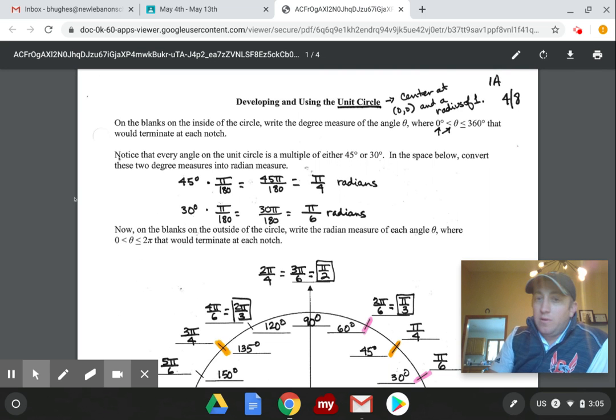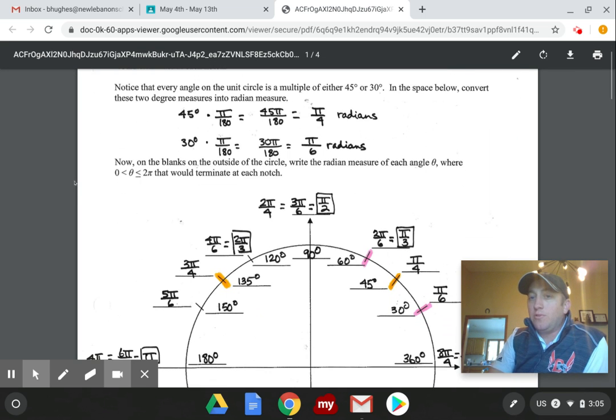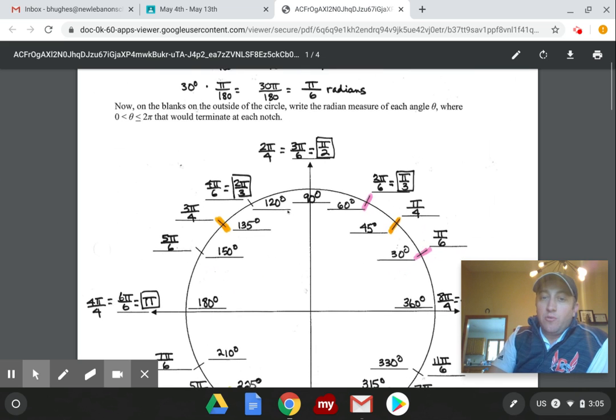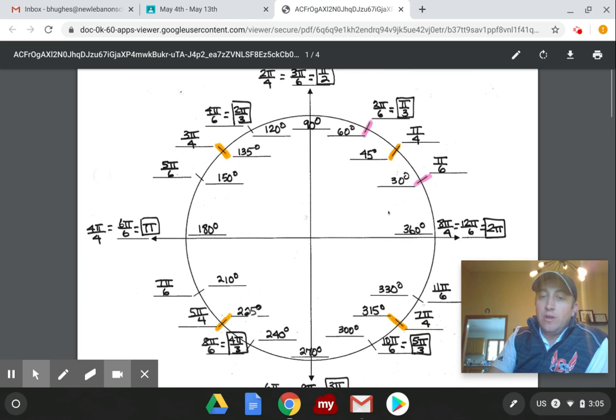So just remember, if we go all the way around the unit circle, 0 to 360 degrees. So really, if I broke that up into degrees, this first little line, and you guys probably have noticed this on the floor of my room, I would have a line here, and a line here. If I know this first quadrant, I can figure out the rest of the unit circle pretty easily.